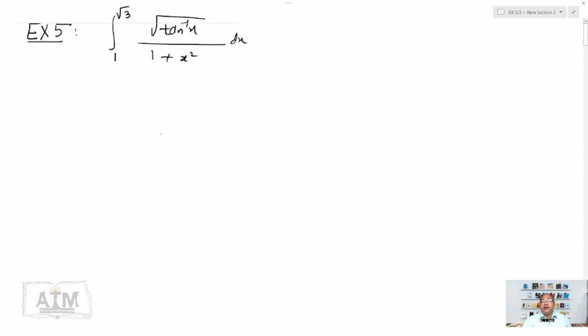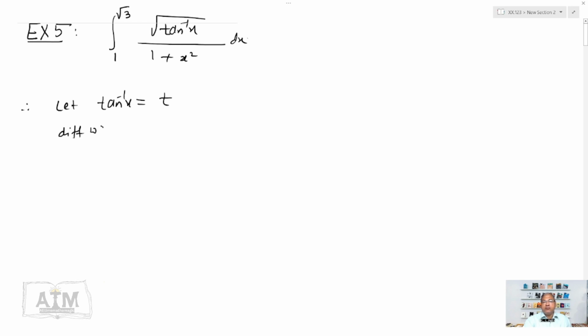Example 5. Integration from 1 to root 3 of the square root of tan inverse x upon 1 plus x square with respect to x. We know that the derivative of tan inverse x equals 1 upon 1 plus x square. Therefore, let tan inverse x equal t.